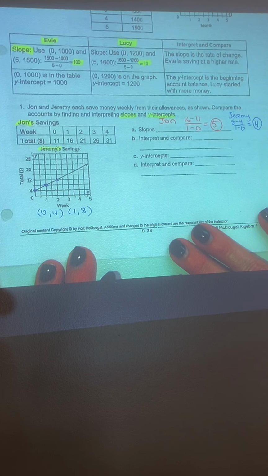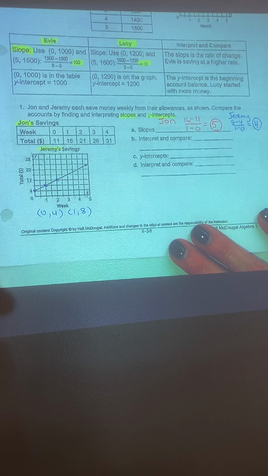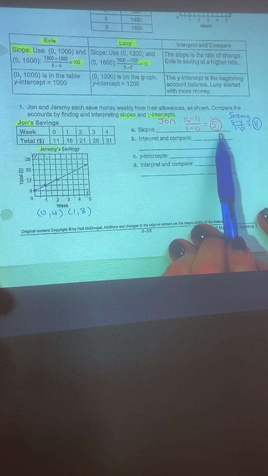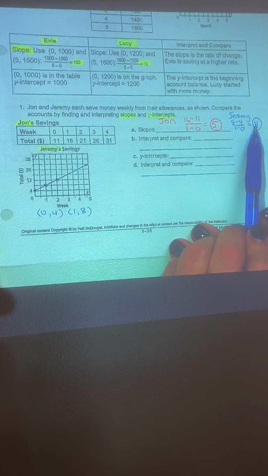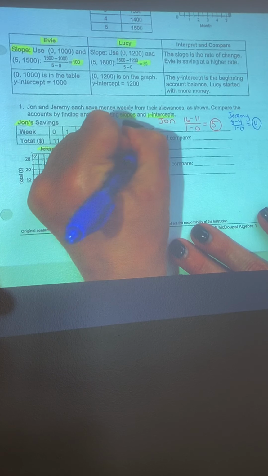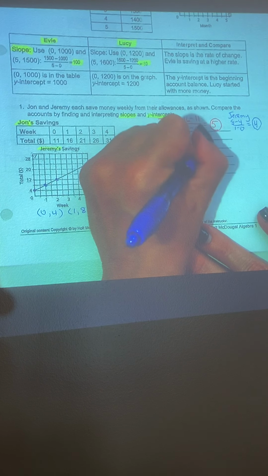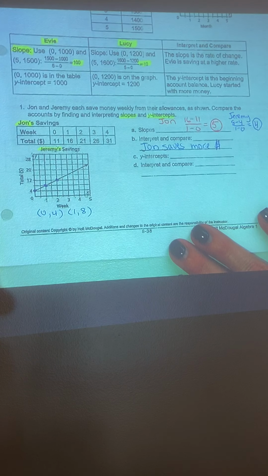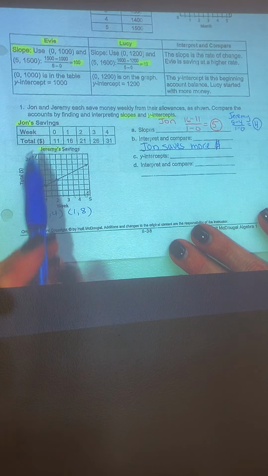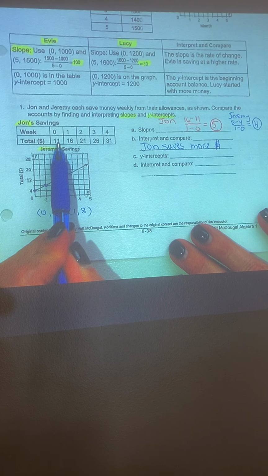Yes. Okay? So, interpret. Who's saving more money? Is John saving more money or is Jeremy saving more money? Obviously, John is saving more money. Okay, y-intercepts. Well, John's y-intercept is 11. Jeremy's y-intercept is 4.